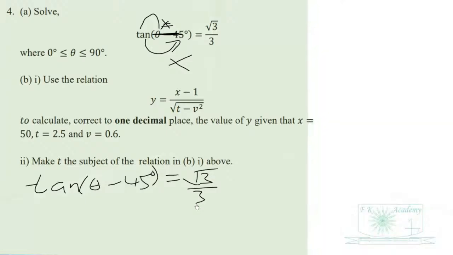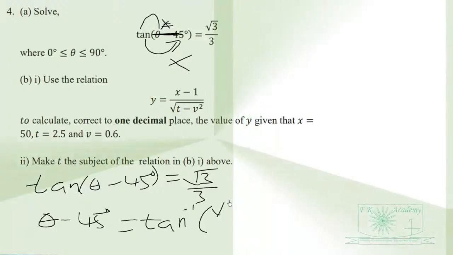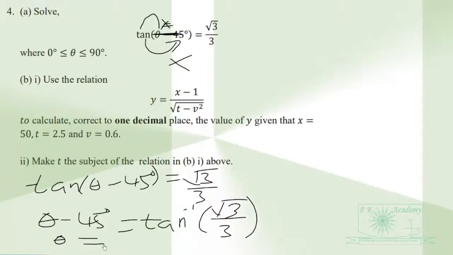So you take tan inverse of both sides. That will give you theta minus 45 degrees, or that whole angle A, is equal to tan inverse of root 3 over 3. And tan inverse of root 3 over 3 will give us 30.